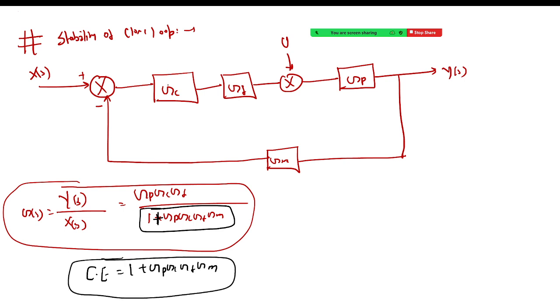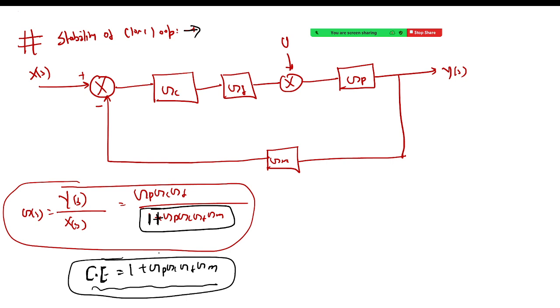To understand the stability of this closed loop, this characteristic equation becomes very important, right? How can I get the characteristics of the closed loop? I'll write the transfer function of this closed loop, and the denominator 1 plus GP, GC, GF, GM will be called the characteristic equation of the closed loop transfer function.